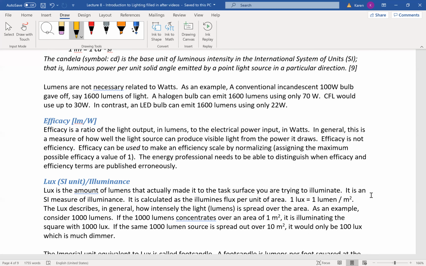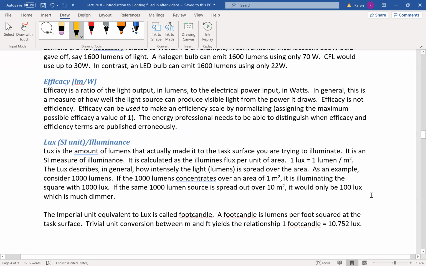If the same 1,000 lumen light bulb is spread over a large desk of 10 meters squared because you hung it higher or you used a different type of dome around it, then that will only calculate to 100 lux. That will look dimmer to the person who is operating that task.